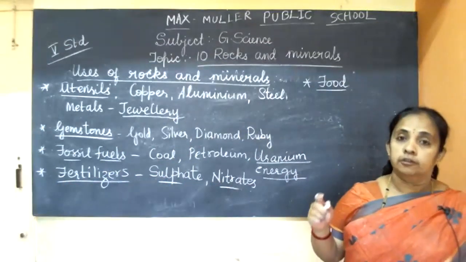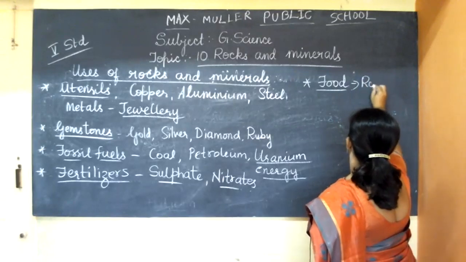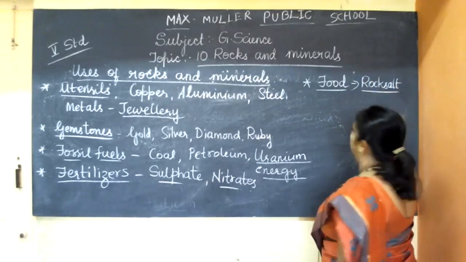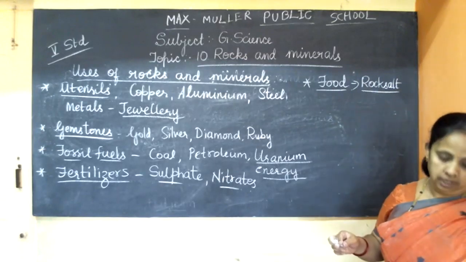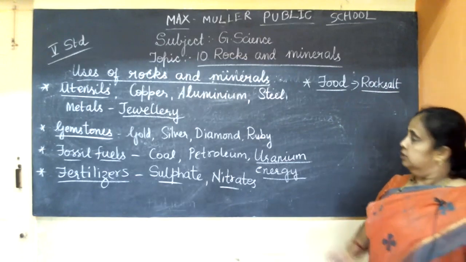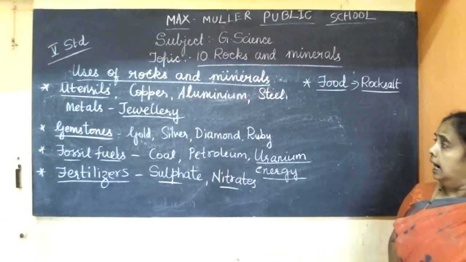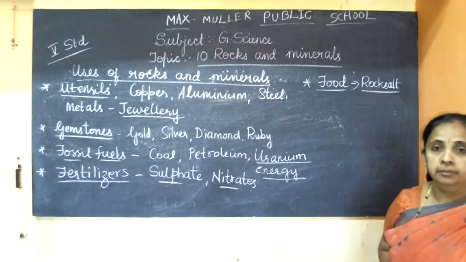Okay, so not only that, these minerals can also be used in our food. It is present in our food also as what? Rock salt. Okay, so there is a mineral, rock salt. Kalluppu we say, not the powdered salt. Rock salt or the kala namak you say, no? That one. So we use it in our food. Apart from that, it is not only the salt. We have many minerals.